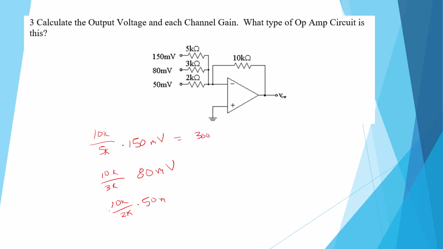So this first one, and they're all going to be minus, so we have 2 times 150 is 300 millivolts minus, and then we have 10 divided by 3 times 80, we're going to have 266 millivolts minus, and our last one is going to be 5 times 50, or 250 millivolts minus.